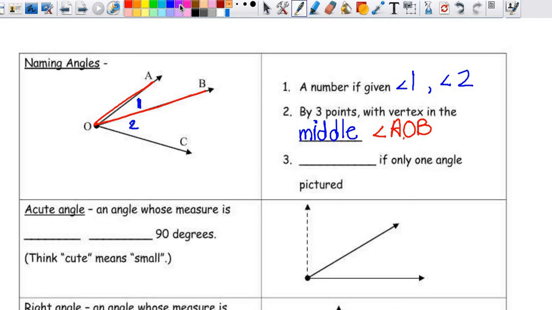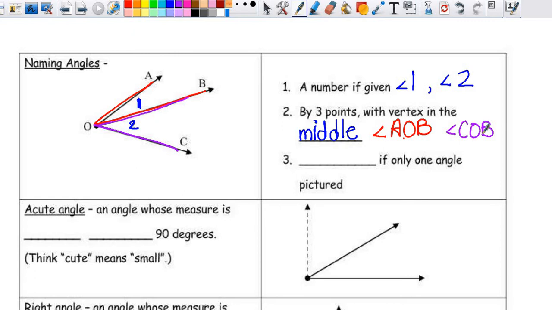So then the other angle could be called COB. Still, point O is in the middle because that's the vertex. You could go BOC, you can go BOA. You can switch the order as long as your vertex is always in the middle.